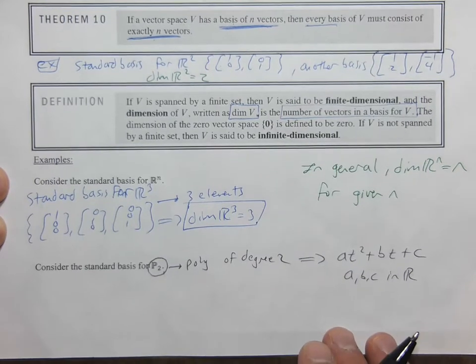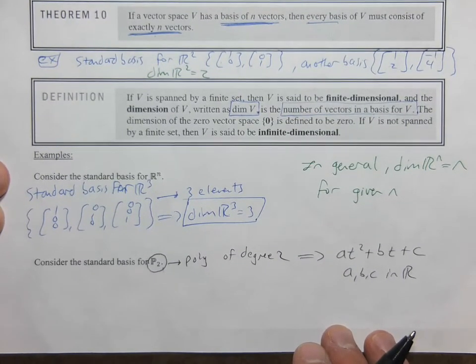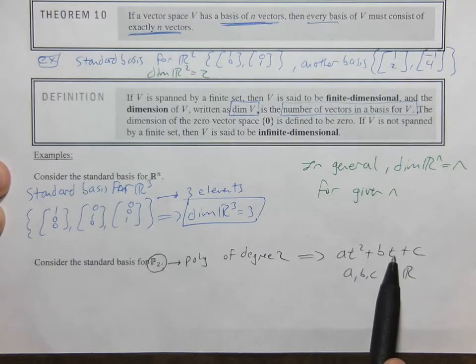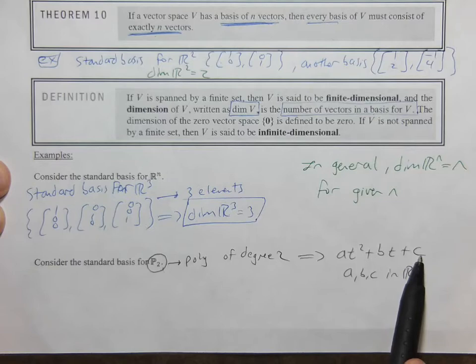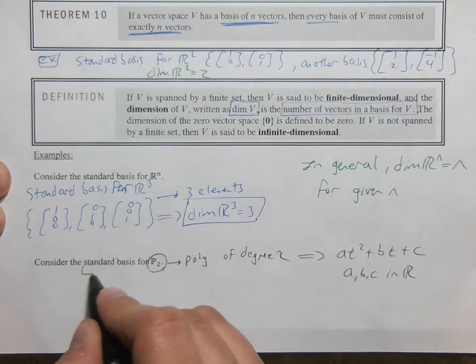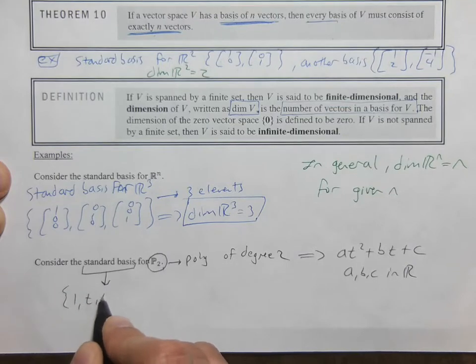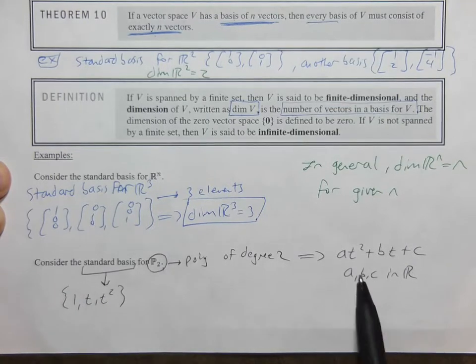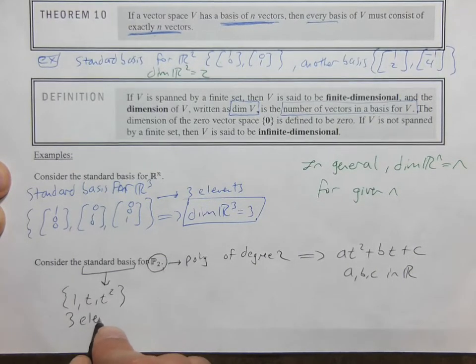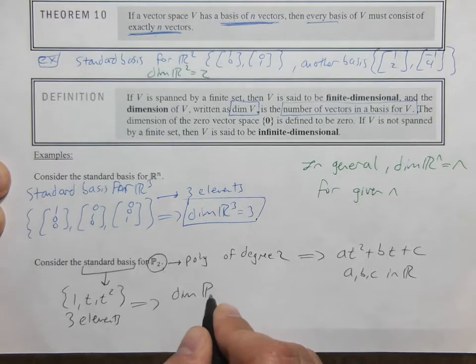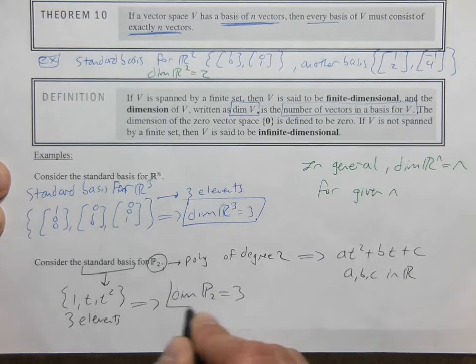Well, we've seen the standard basis for polynomials in general, and polynomials of degree 2 would be linear combinations of t squared, t, and the number 1. And so the standard basis for P2 is 1, t, and t squared. You can build any degree 2 polynomial by doing linear combinations of those 3 things. And so that obviously has 3 elements. And so this means the dimension of P2 is 3.